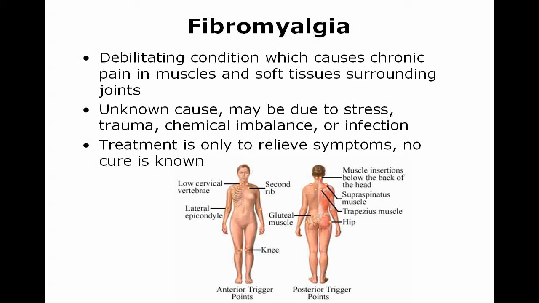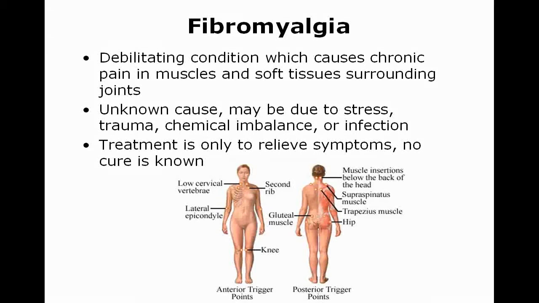And I've shown on the PowerPoint screen some of these areas that the person may actually develop pain. There are 18 specific tender points. And a person that truly has fibromyalgia usually has pain in at least 11 of those 18 areas.